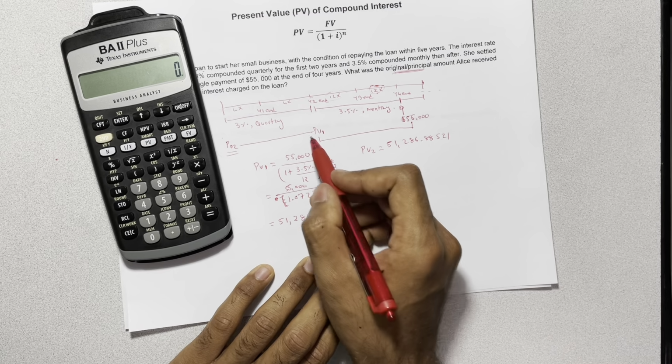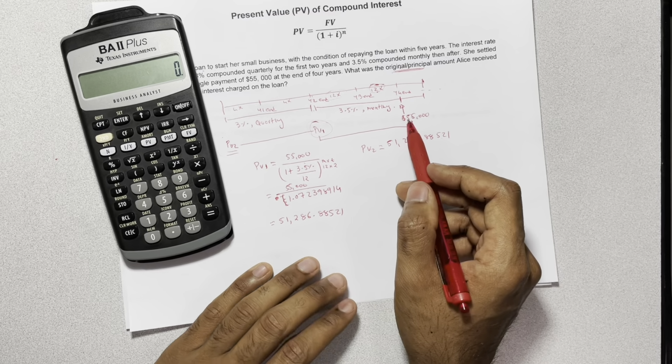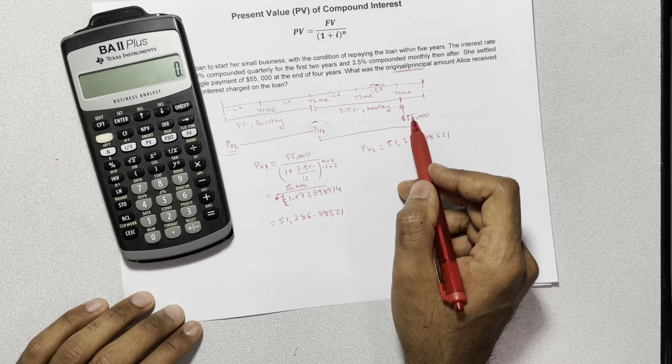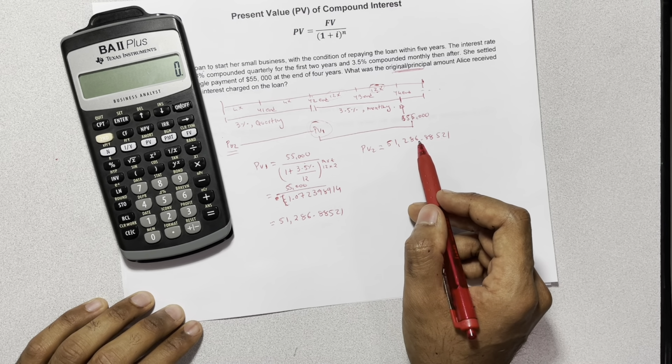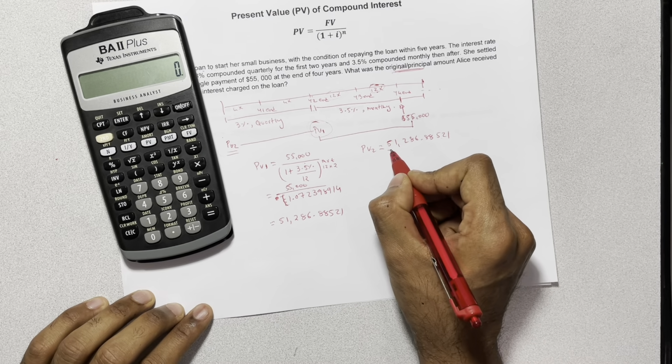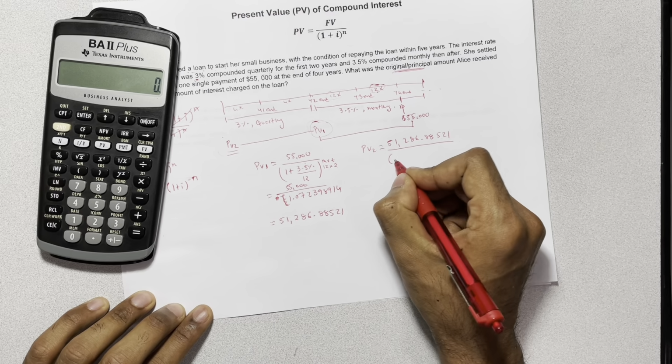So that 51,000 is the value not today, but 2 years into the loan. So it was 55,000 at the end of year 4. She paid that. So at the end of year 2, it's $51,286.88.